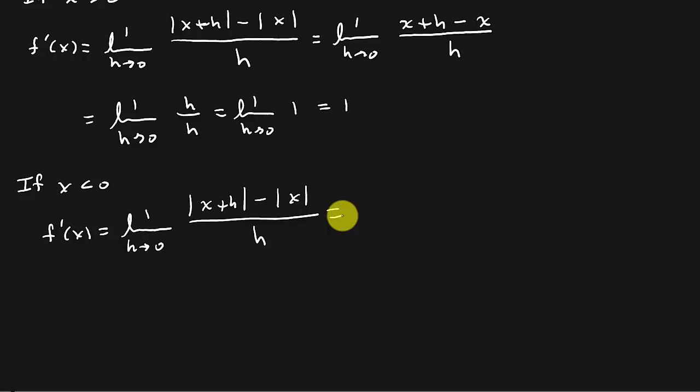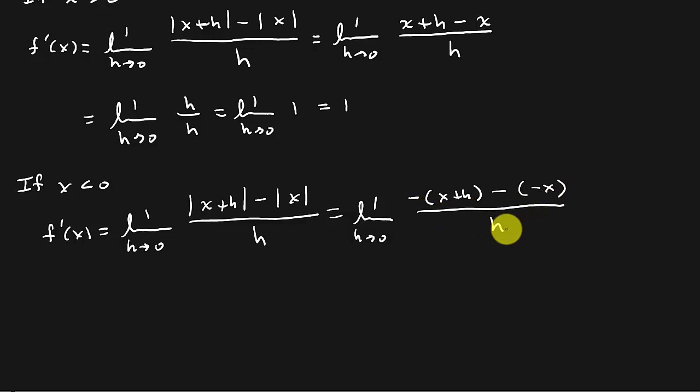Keep in mind, x is negative, so the absolute value of x plus h is negative x plus h, and the absolute value of x is negative x, over h. Some of you might wonder how I got that. You should have run across this in the chapter on limits.